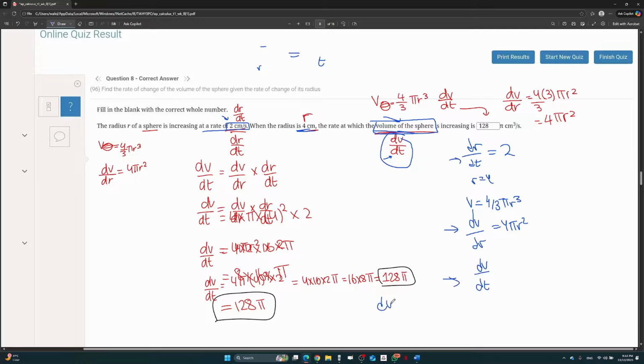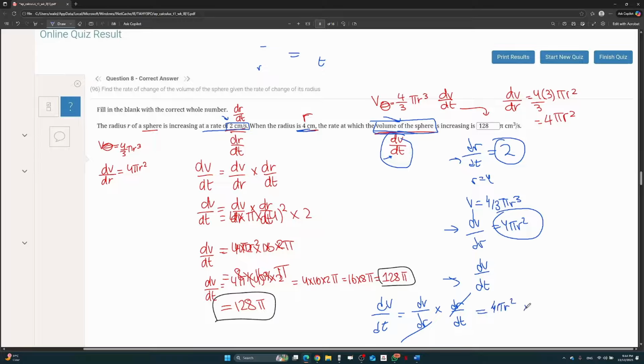How do you find dv by dt? dv by dt is just dv by dr multiplied by dr over dt. It's just multiplying this one by this one. Why? Because these two cancel and you get dv over dt. Now what's dv over dr? 4 pi r squared.